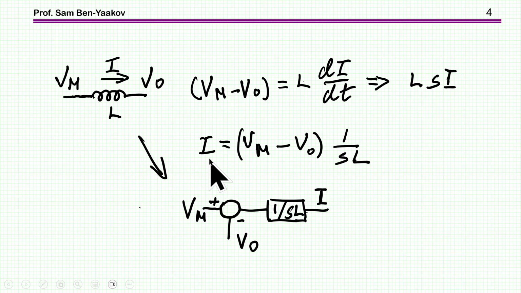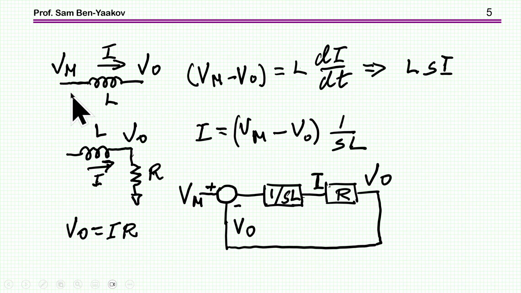So the current is therefore the difference between these voltages times 1 over sL. Now I can represent this equation this way. We have this summing point, which is the difference between these two voltages, and then this is multiplied by this block, which is 1 over sL. Okay, so this is one way to represent what is happening with an inductor.